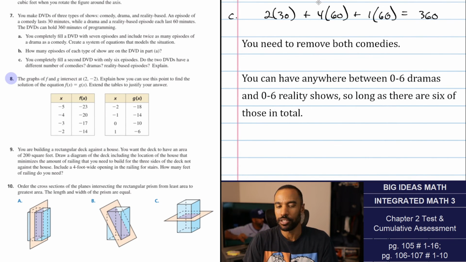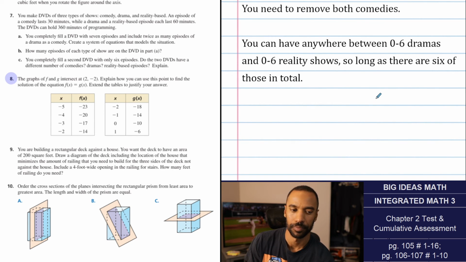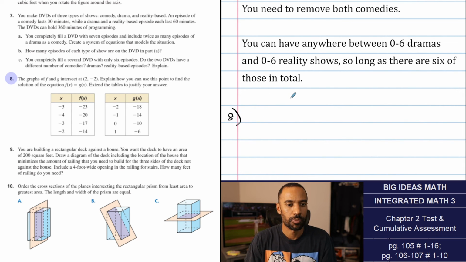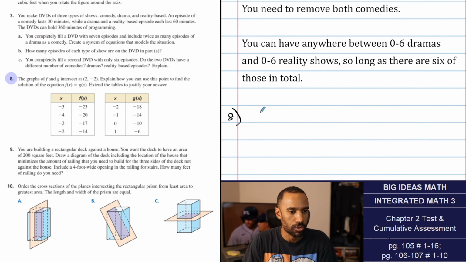The graphs of f and g intersect at 2, -2. Explain how you can use this point to find the solution to the equation f of x equals g of x. Extend the tables to justify your answer.